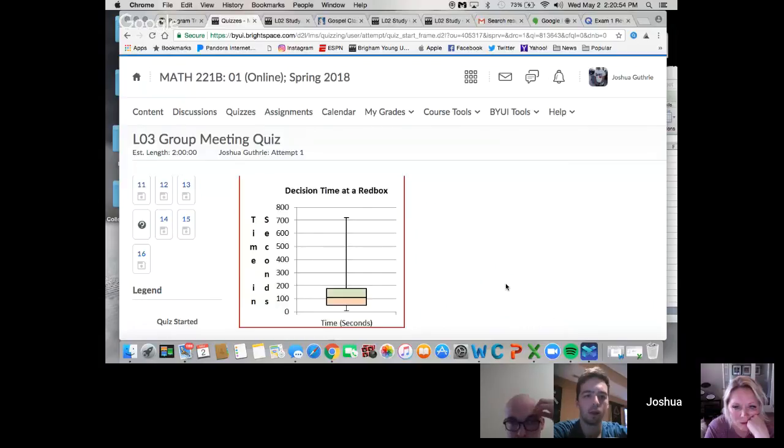The third one has to be the third, yeah. Isn't it the top of the green box? Yeah, so like 180, 190. That's what I was thinking. It's like 190 or around there. Well, let's just say 190. Okay, that sounds good.